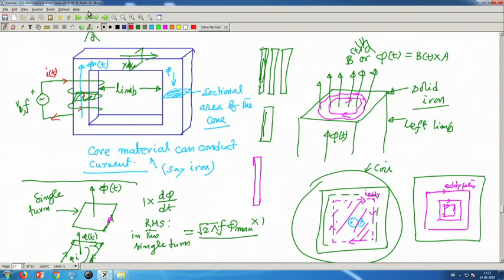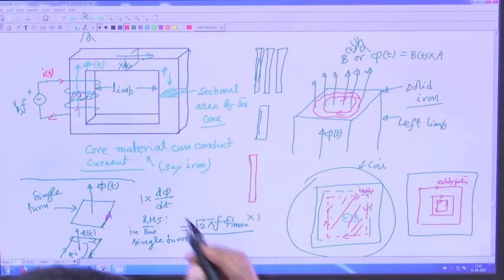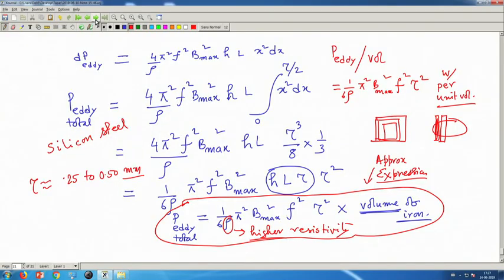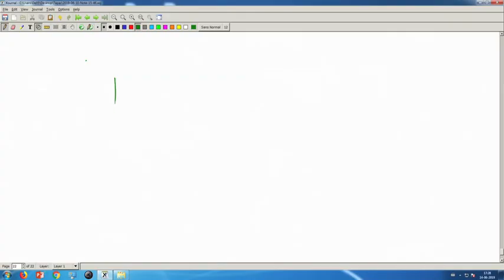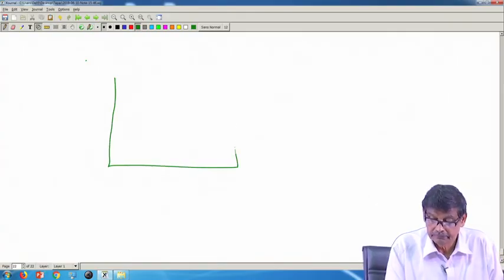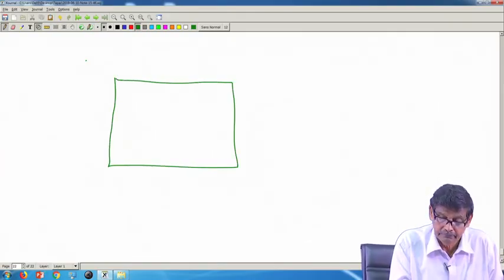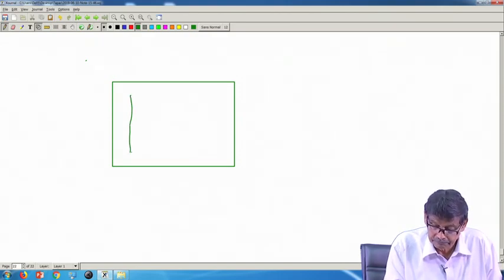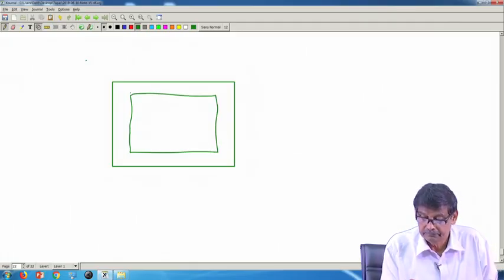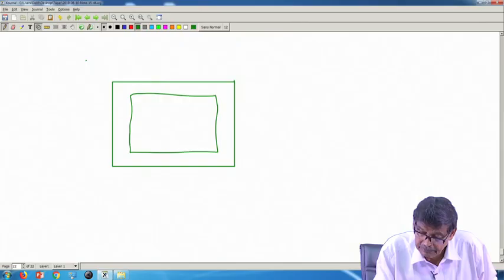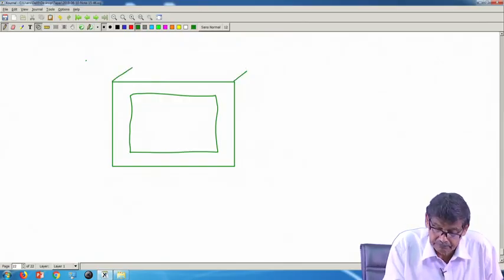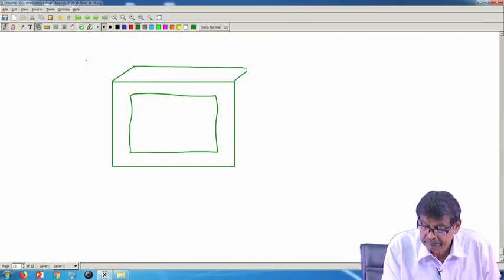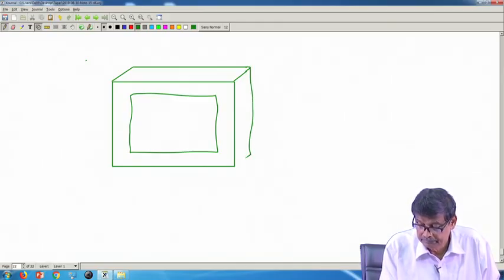See, in this transformer, this is the thing.